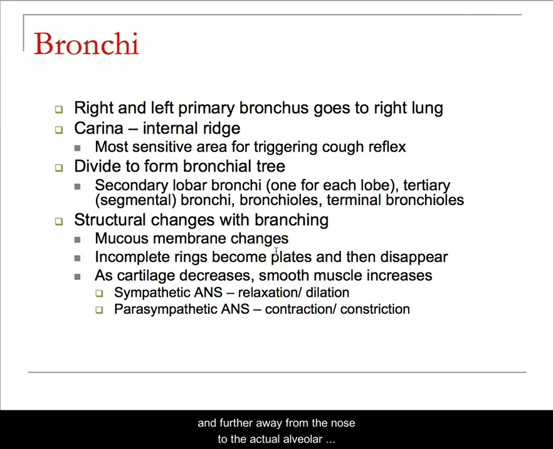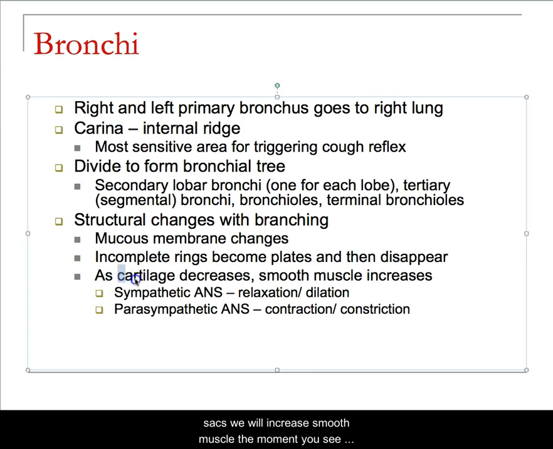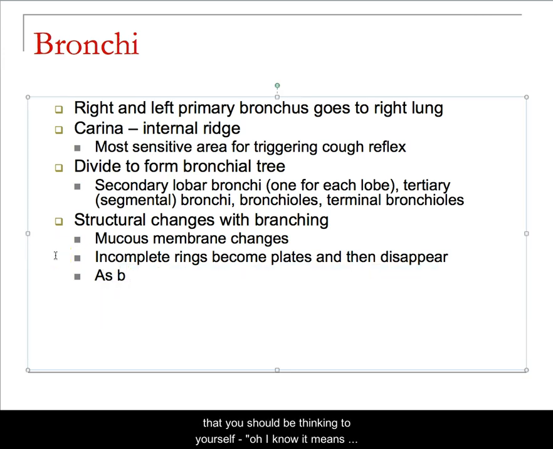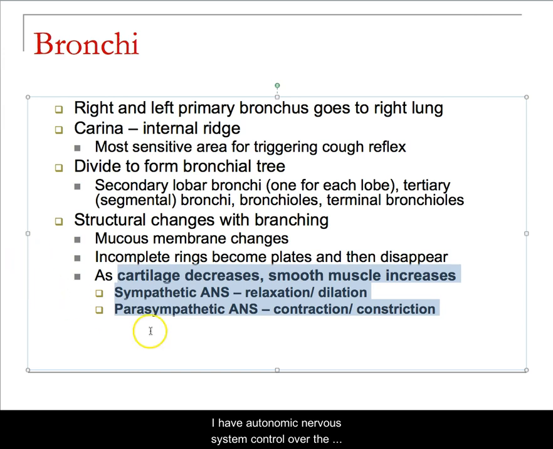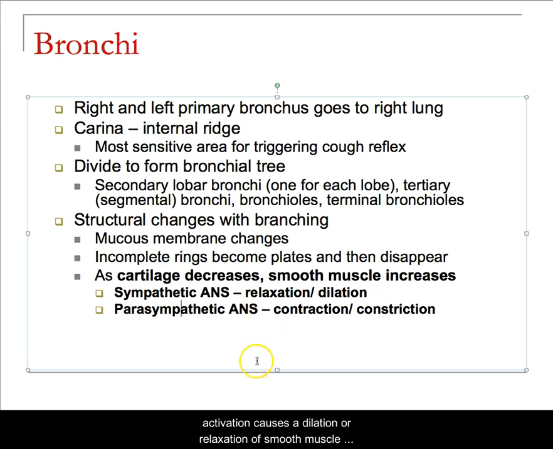And what I want to make sure you see here, take a look at this piece down here. As cartilage decreases, meaning as we move further and further away from the nose to the actual alveolar sacs, we will increase smooth muscle.